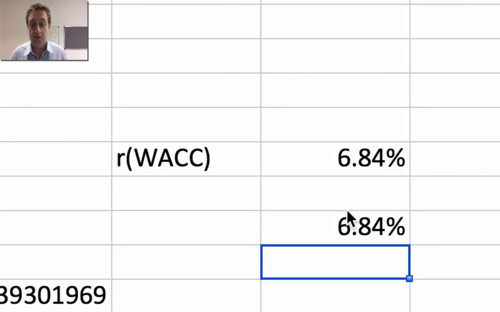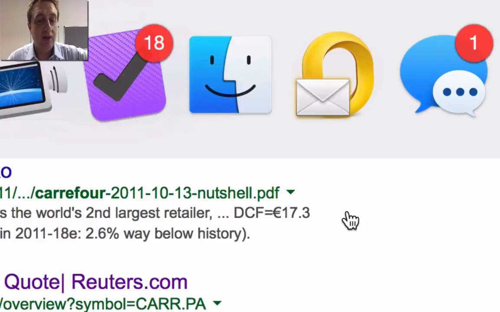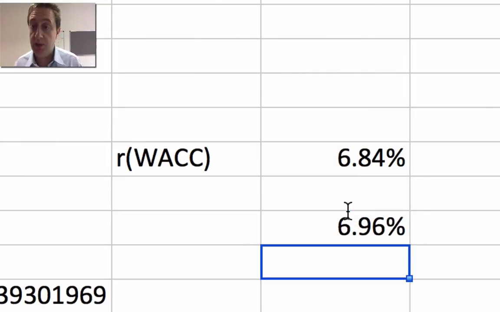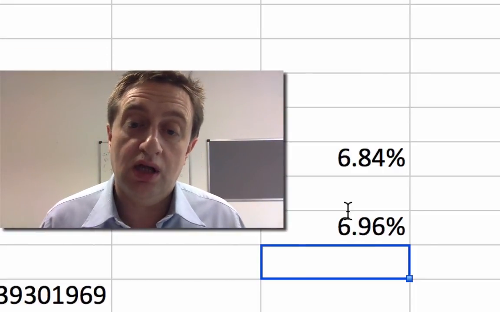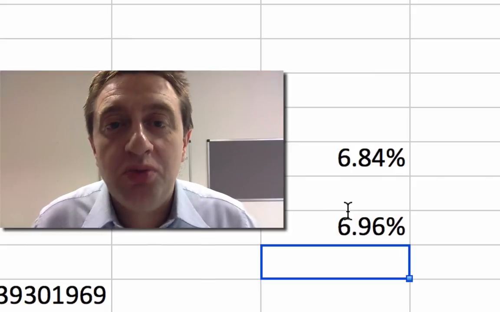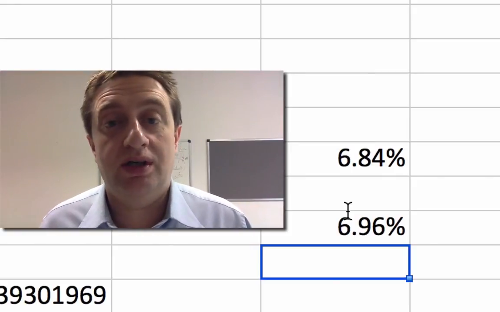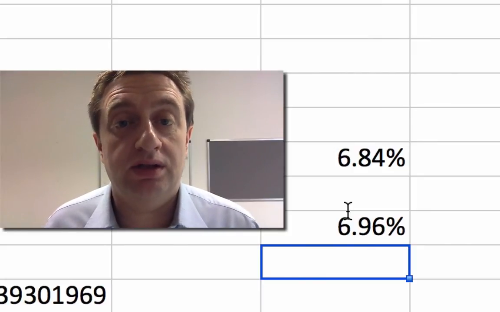So within a very short period, 15 minutes, I've been able to calculate a weighted average cost of capital using some assumptions, a bit dubious assumptions, but still some assumptions, to get a very close weighted average cost of capital to that which has been found by analysts on the internet.